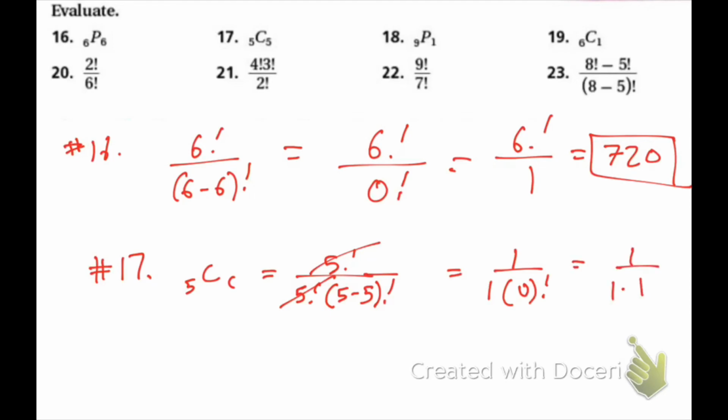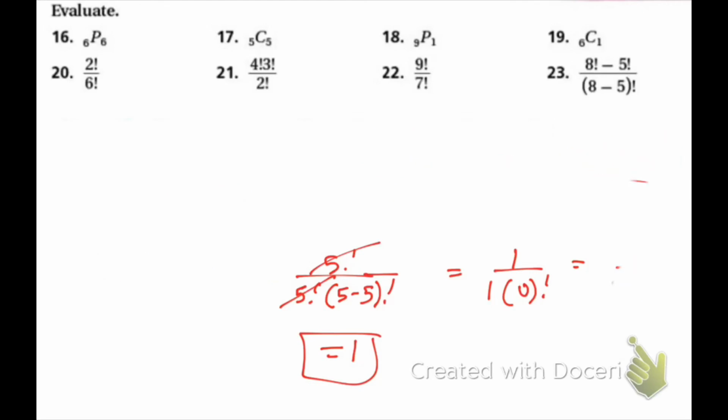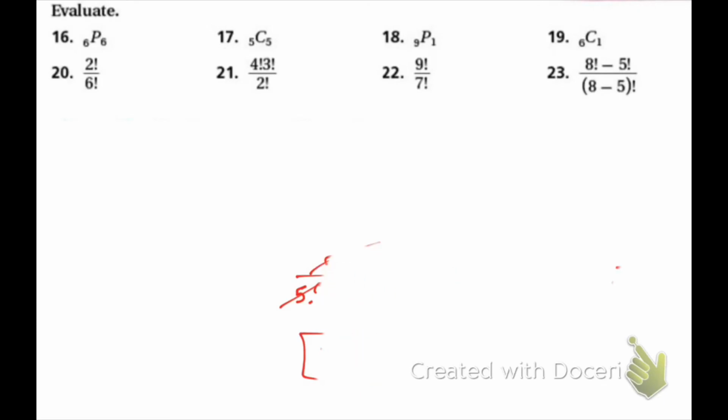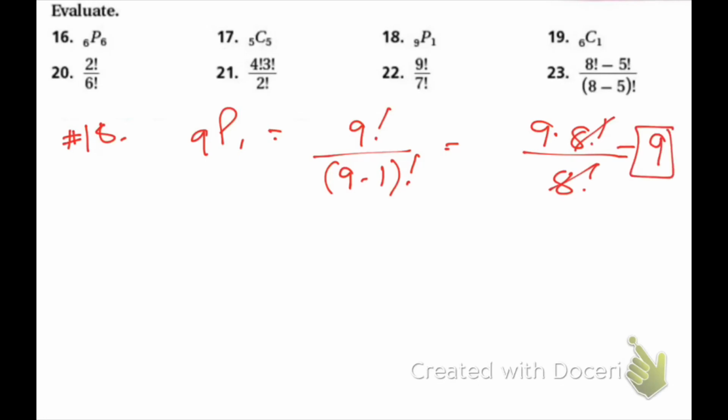So you have 1 times 1 times 1, which is just 1. Number 18, 9P1, that gives you 9 factorial over 9 minus 1 factorial, which is 9 times 8 factorial over 8 factorial. Those cancel, and you're left with 9.